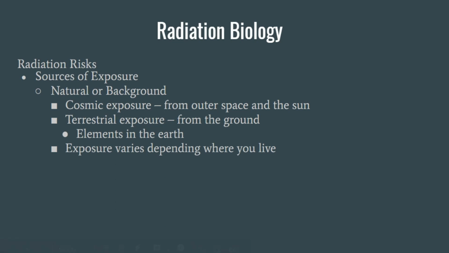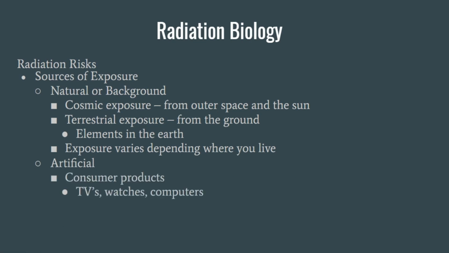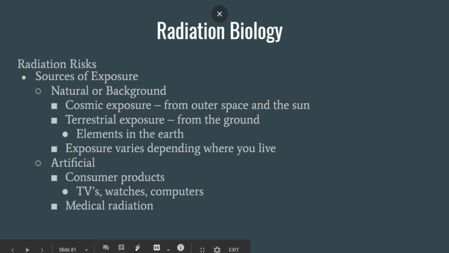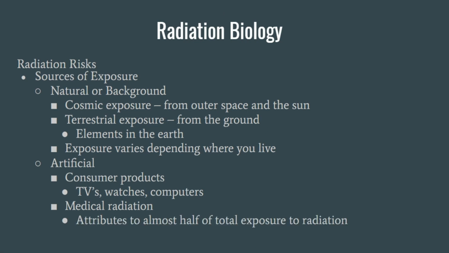We also have artificial sources of radiation. These are your man-made consumer products, your TVs, your watches, your computers, your cell phones. These all have forms of radiation. And then there's medical radiation, which is probably one of the more well-known versions of artificial radiation.